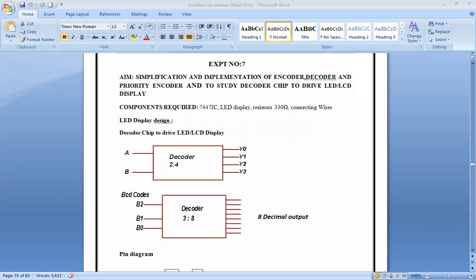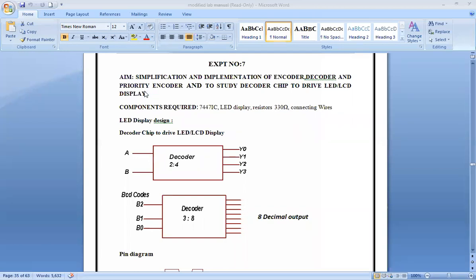Why is it necessary to have this kind of priority? In some cases, you need to consider only the highest number. So in some applications, to make sure that only the highest bit is taken up, we go with a priority encoder. Based on your applications, we either choose an encoder or a priority encoder.